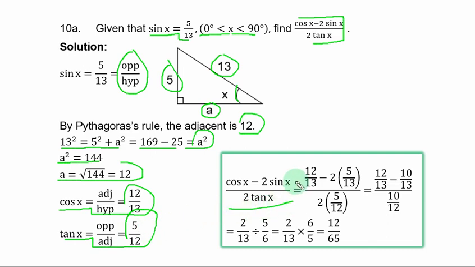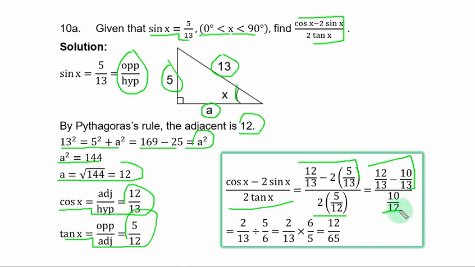So cos s is 12/13 minus 2 times sin s over 2 times tan s. If you simplify further, you have 12/13 minus 2 times 5/13 becomes 10/13, over 2 times 5/12, that is 10/12.